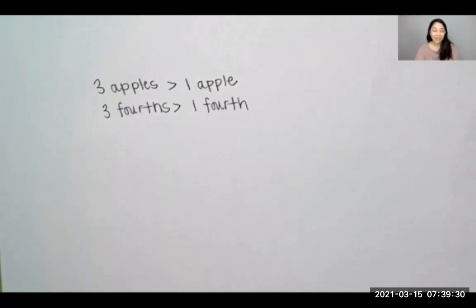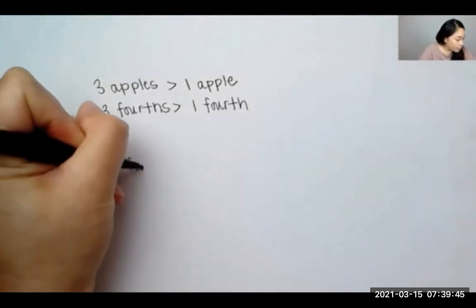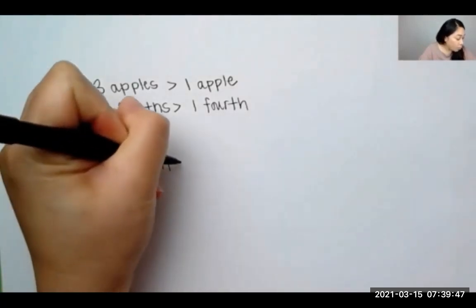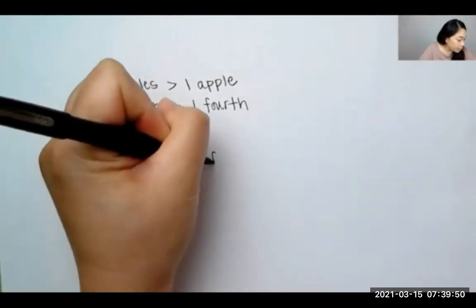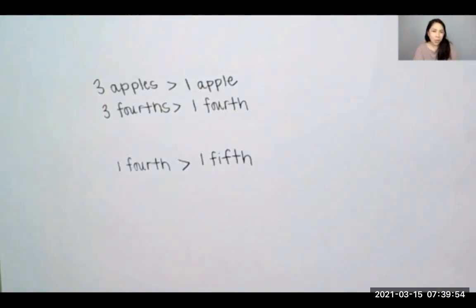Let's try another. Which is greater? 1/4 or 1/5? 1/4 is greater than 1/5. How do we know that this statement is true? We can prove that it's true by drawing two tape diagrams to compare.